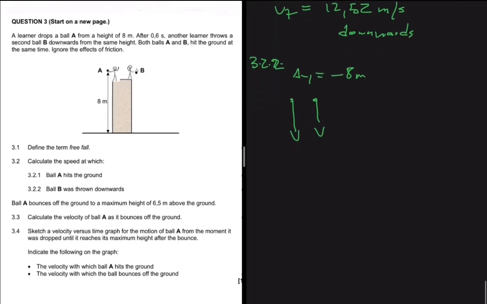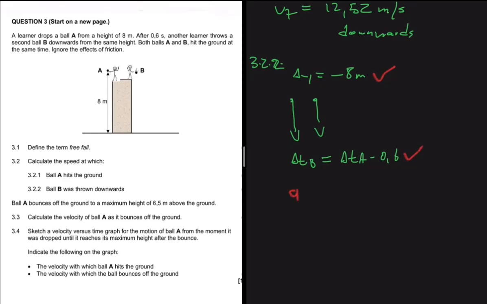So what are we saying? We're saying that delta t for ball B will be equal to delta t for ball A minus 0.6, right? It was only thrown 0.6 seconds after, and they reached the ground at the same time. So we can find delta t for ball B by using delta t for ball A. So far we have the displacement and the time, which we can calculate, and we have the acceleration.